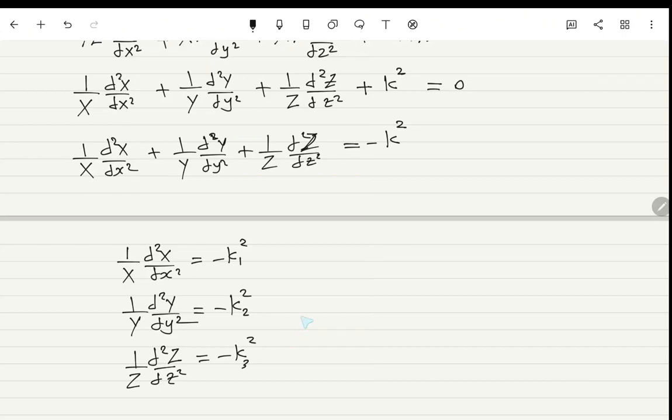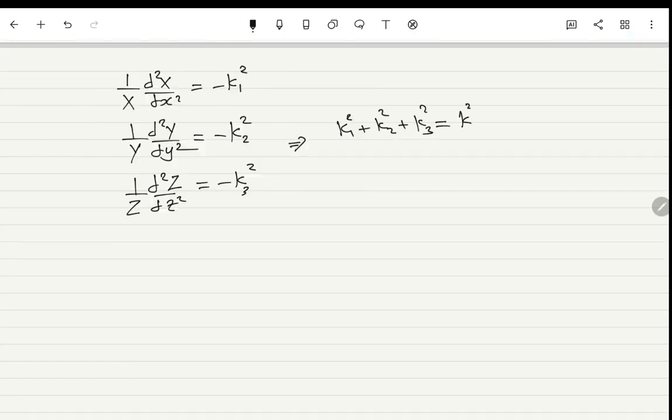In such a way, k1 squared plus k2 squared plus k3 squared all equal to k squared. And this is called separation of variables because we just separated x from y from z.